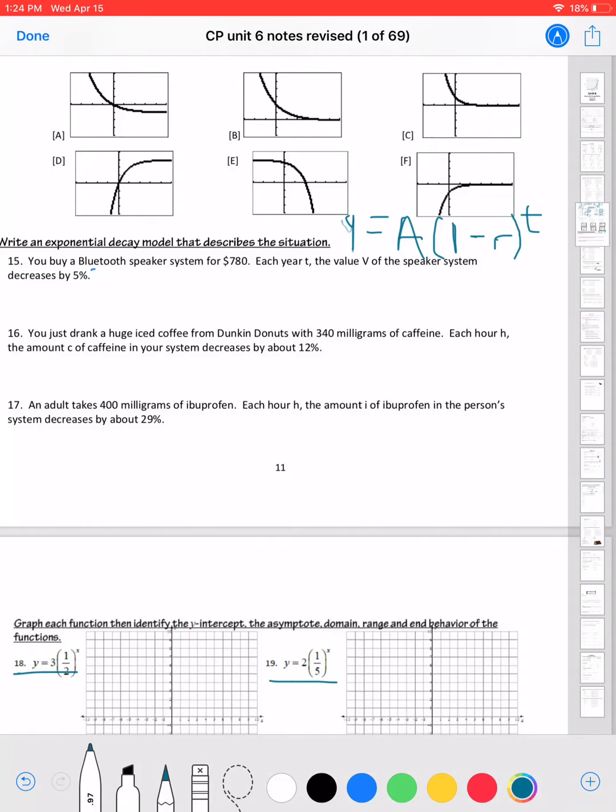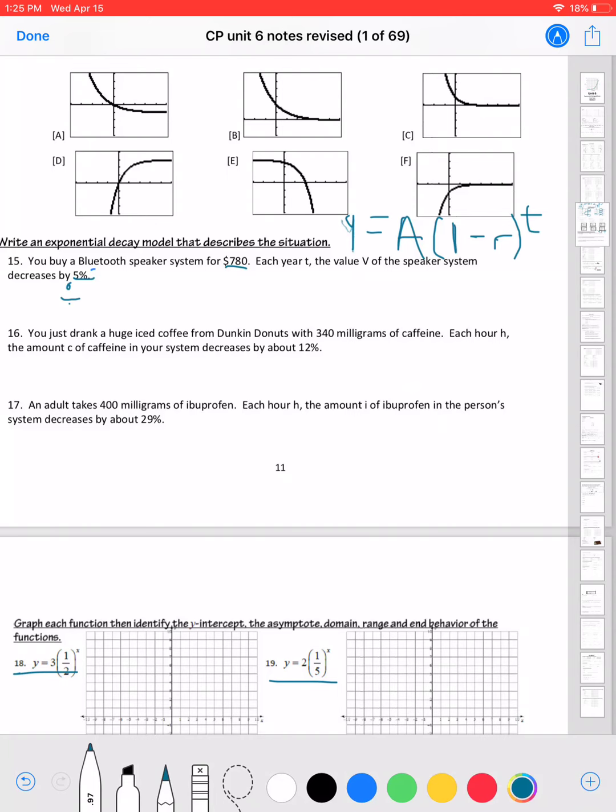With the graphing, for 18 and 19, I told you in Odyssey you don't necessarily have to post the graphs, but you can use decimals to help you, or just use the XY table. And that's pretty much good to go for now. For number 15, it says the original amount was $780. You're looking at the value of the speaker if it's decreasing by 5%.